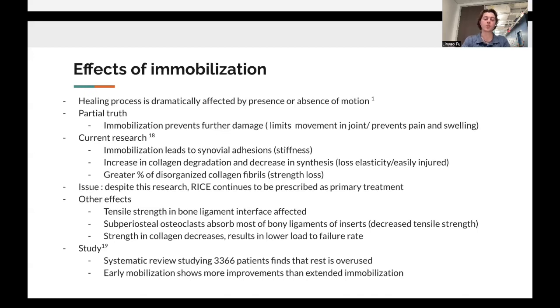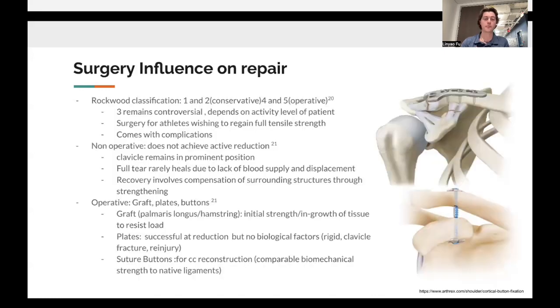And then this is also going to lower the load to failure rate in the ligament if it ever does heal. And then there was a study done, and it found that there were 3,000 patients, and it found that rest was overused, and early mobilization showed way more improvements than extended immobilization.